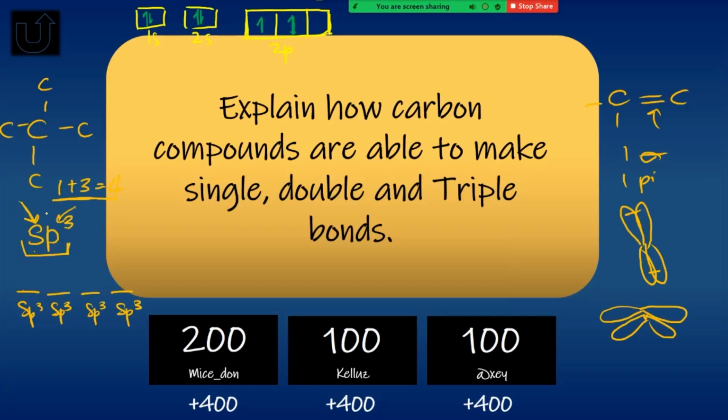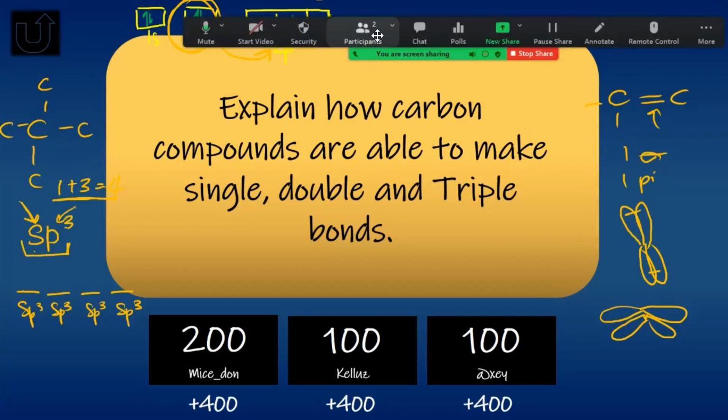So the sp3 orbital means that one s orbital, it's one 2s orbital, this 2s orbital here, mixing with the 2p orbitals over here.